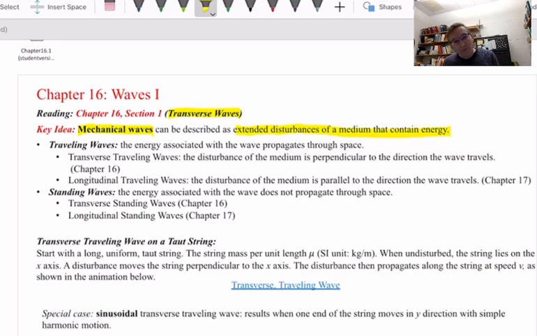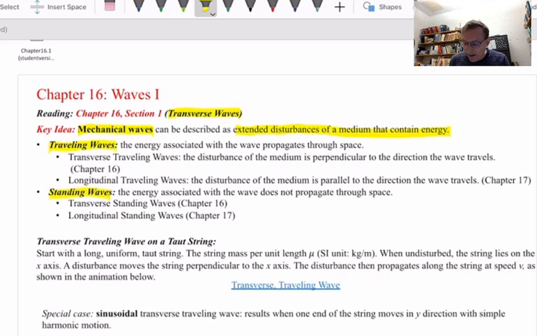Now, more terminology. This whole chapter and chapter 17 is about mechanical waves, where we're going to have a disturbance in a medium. It's going to be an extended disturbance, and it's going to contain energy. But we're going to take those mechanical waves and further categorize them as traveling waves or standing waves.